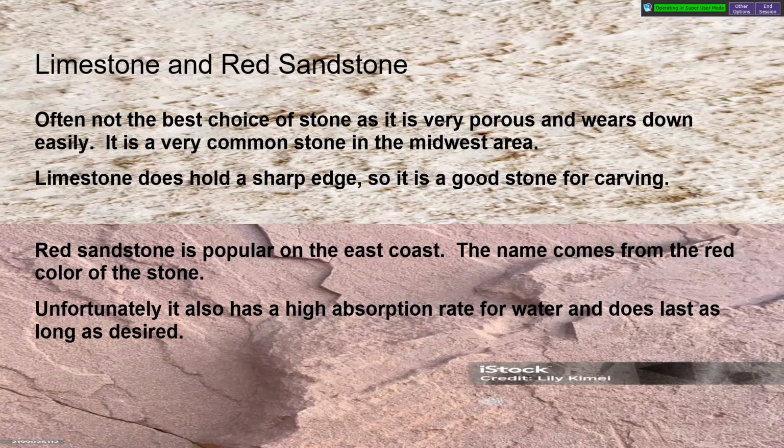Red sandstone is popular on the East Coast, and you can obviously tell it's a red sandstone because of the red color of the stone. Unfortunately, this is another one that has a high absorption rate for water and it doesn't last. If that water gets in there, winter comes and it freezes, the stone starts to break apart. And this is Indiana, Kentucky, Tennessee, West Virginia. Those are the places that you'll see this.